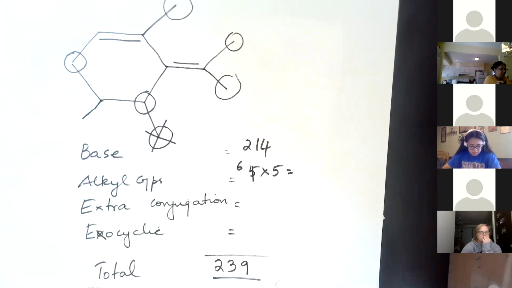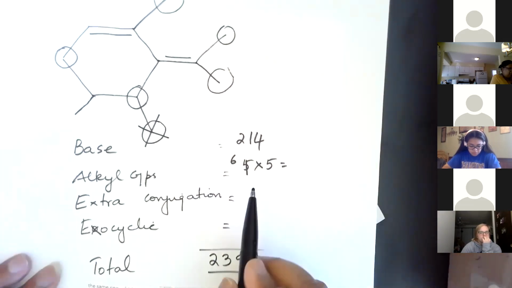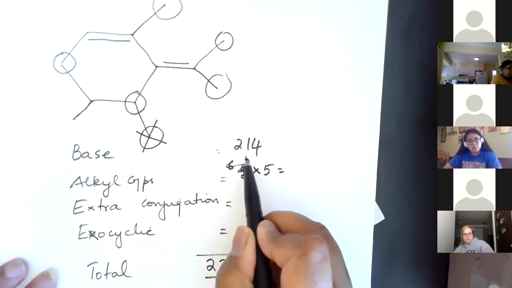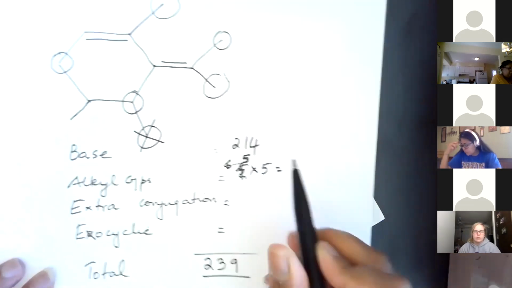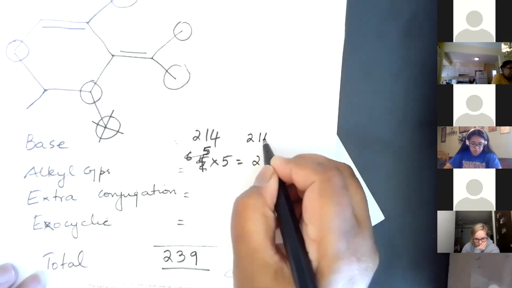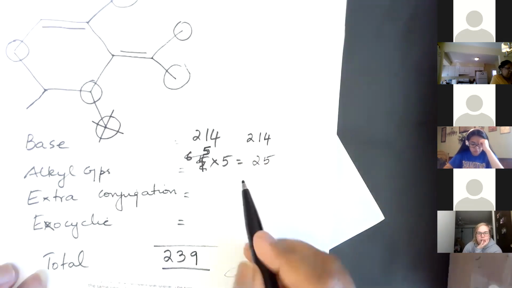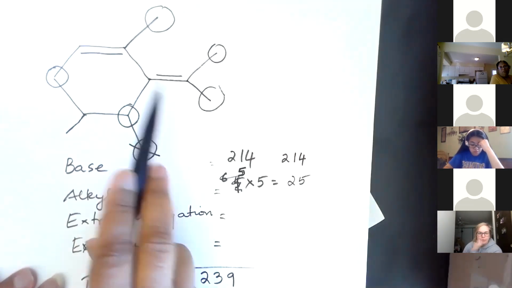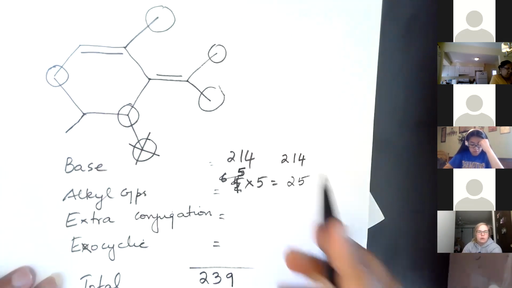So did y'all get the same numbers then, or is exocyclic something missing? Is there extra conjugation? So this should be 5. This is 214. Is there extra conjugation? No. There's only 2, right? And there's not an extra 1 there.